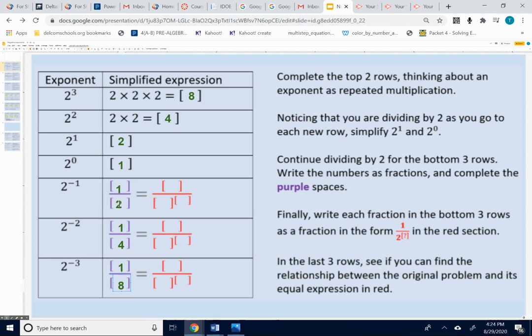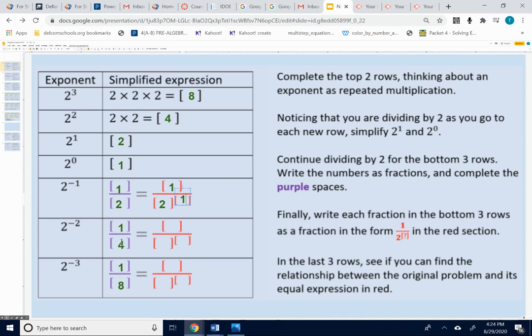So 1/2. I'm going to keep 1 the same. Think of 2 as a power of 2. 2 is really the same thing as 2 to the first power. I just took the denominator and changed it to a power of 2.